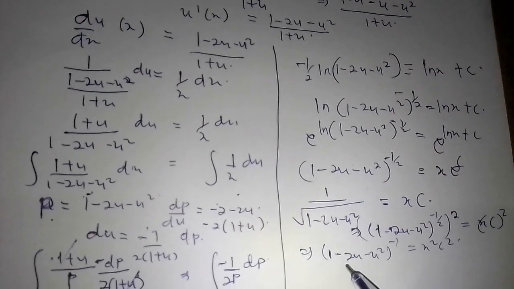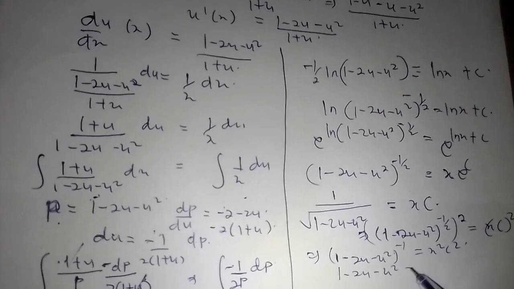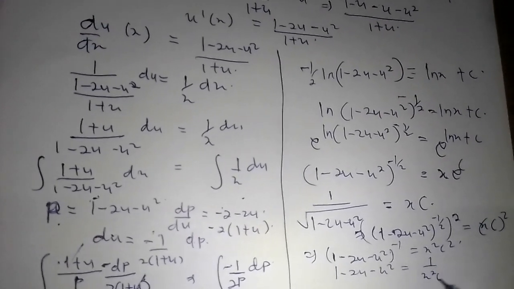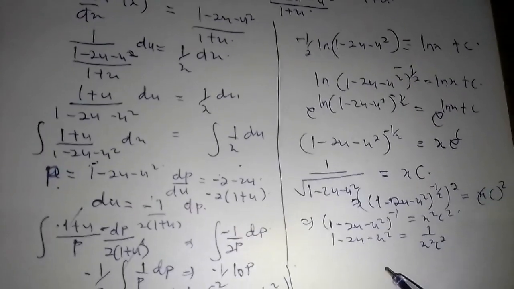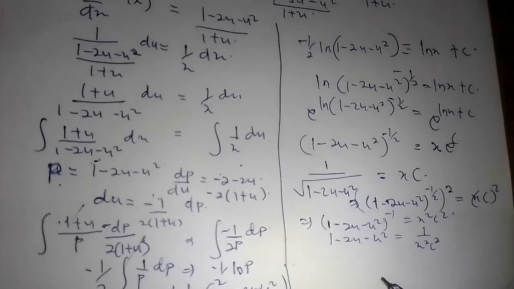So this should also be equal to 1 minus 2u minus u squared equal to 1 over (x squared c squared), like this. Once I have this, I still need to find u.